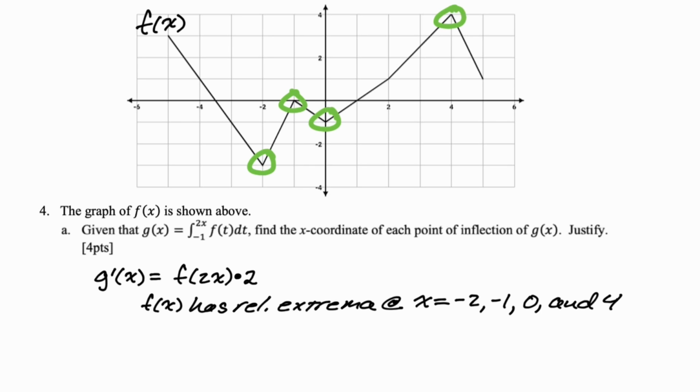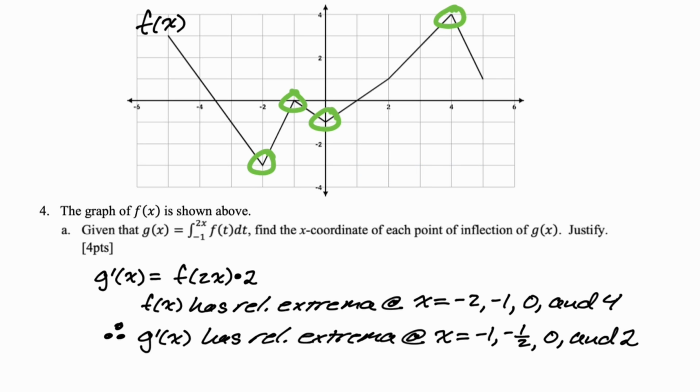So for f of x, it's x equals -2, -1, 0, and 4. For f of 2x, that means that 2x is -2, -1, 0, and 4, which means that g prime, which is f of 2x times 2, will have relative extrema at half of the values that we previously found.